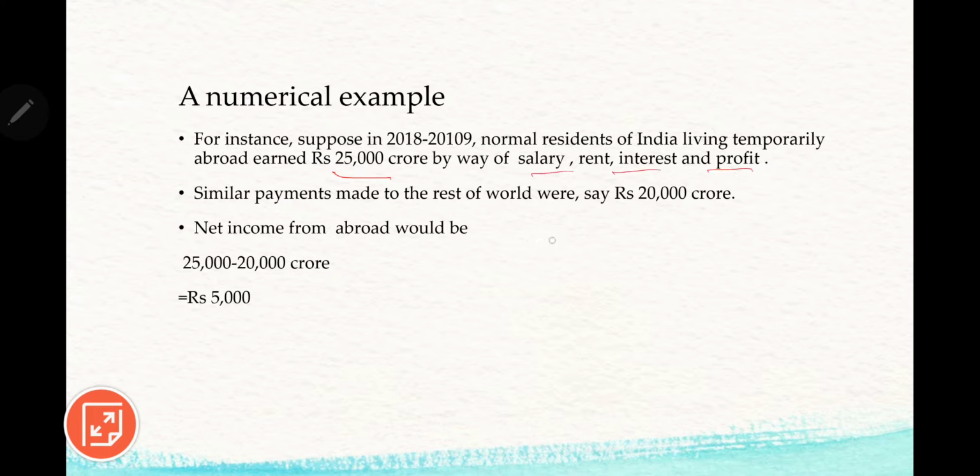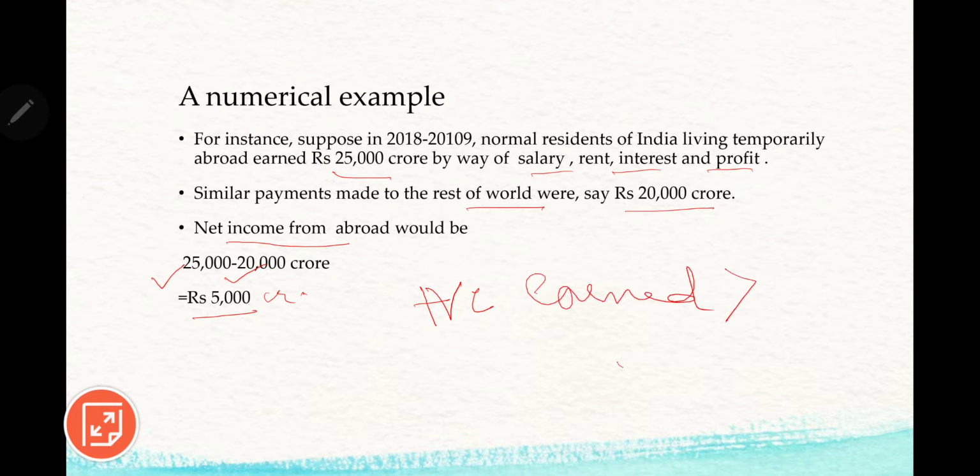And similar payments were made to the rest of the world equivalent to 20,000 crore. In that case, NFIA would be 25,000 minus 20,000, which is equal to 5,000 crore. It is positive as income earned from abroad is more than income paid to non-residents working within the domestic territory of the country.